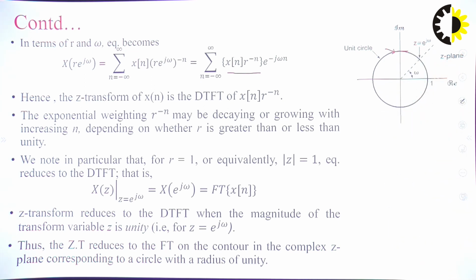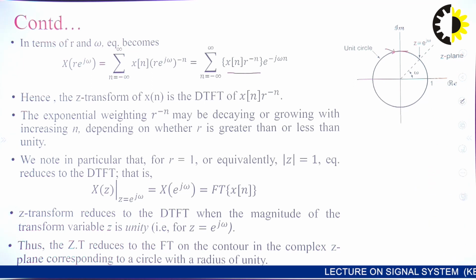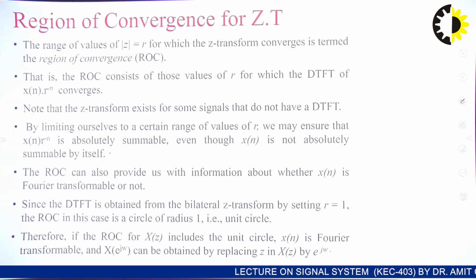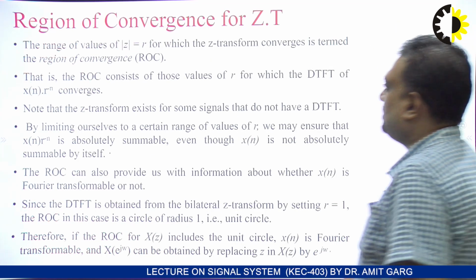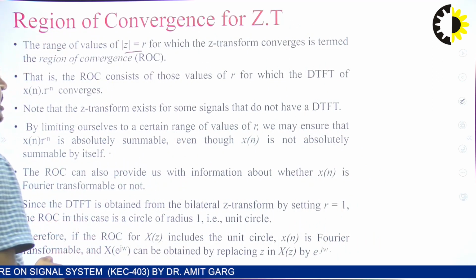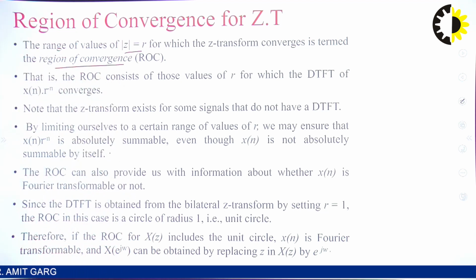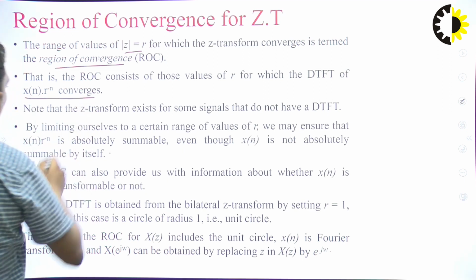Region of convergence: the range of values of mod z equals r for which the Z transform converges is termed the region of convergence. So ROC consists of those values of r for which the DTFT of x[n] times r to the power minus n converges.